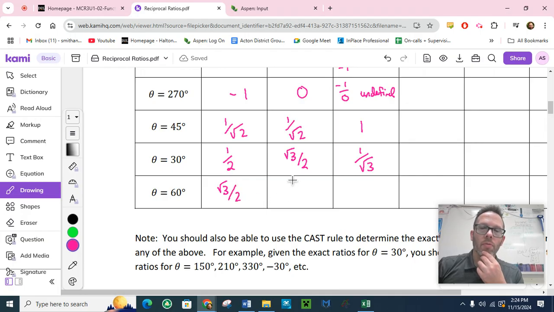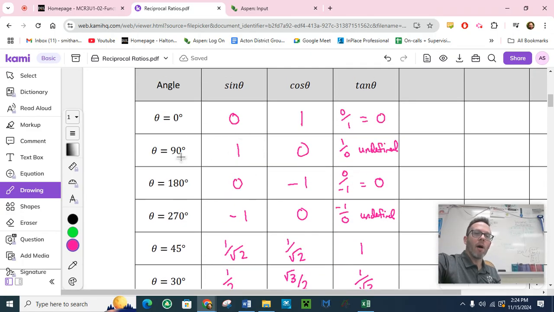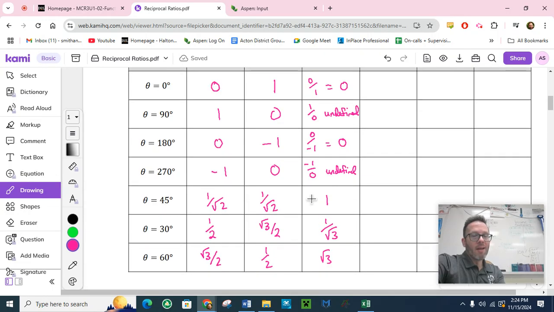Root 3 over 2, 1 over 2, and root 3. Of course, those 3, along with 0 and 90, you guys have done those several times. You guys did it on your trig unit test. But I wanted to do these other 4 as well to just reinforce some things you guys did with Miss Goby on the unit circle. So a good tying in of everything together.